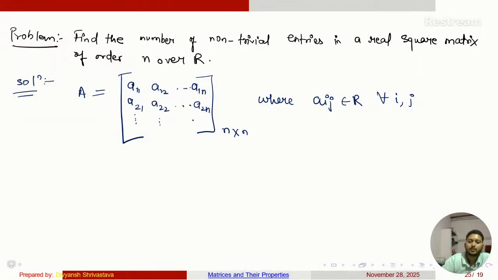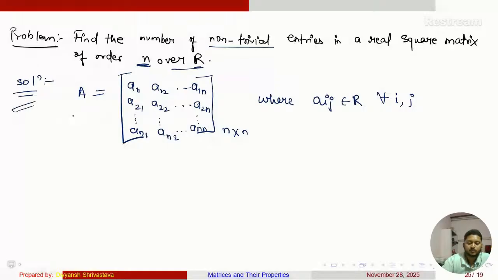This goes on to an1, an2, and ann. This is the square matrix whose entries are non-trivial. So these are the real square matrices of order n over R. This is the example for this problem.